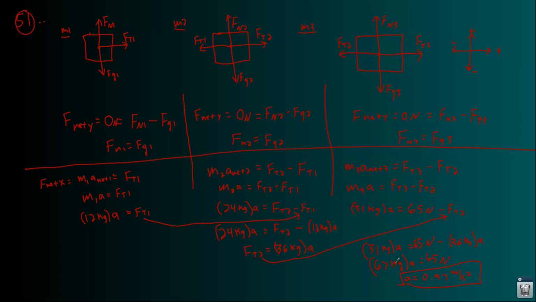Find the acceleration. Yeah. And now that we know the acceleration, finding the tension 1 in part B is easy. We just plug the A back into here and solve for Ft1. So Ft1 equals 12 kilograms times 0.97 meters per second squared, and that's going to equal 11.64 newtons.